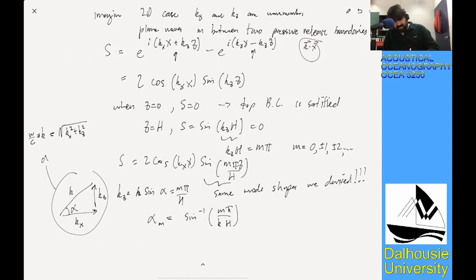And this is basically telling us that each mode has a discrete grazing angle, right? So that gives the modal interference pattern, because you have these fixed angles at which things can propagate.